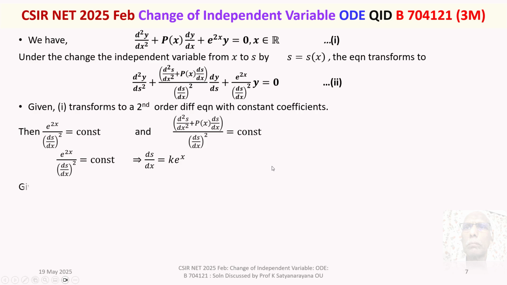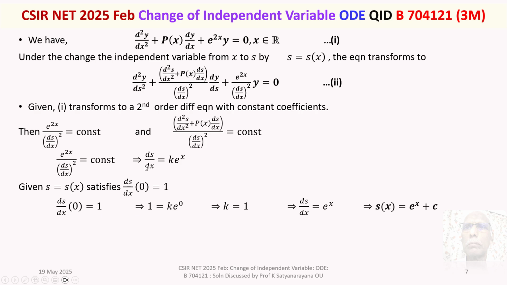Now, given the condition that s satisfies ds by dx when x is equal to 0 is 1, substitute x is equal to 0 on both sides. ds by dx at x is equal to 0 is 1, implies 1 is equal to k e to the power of 0. That is k is equal to 1. Thus, we get ds by dx is equal to e to the power of x. Integrating, we will get s of x is equal to the integral of e power x, which is e power x plus c, where c is the constant of integration.